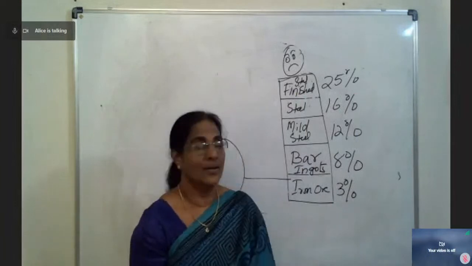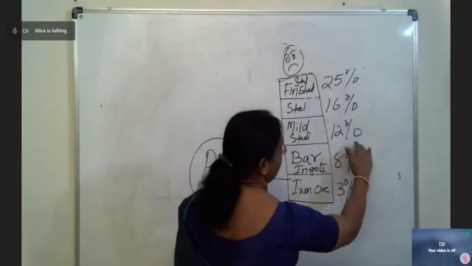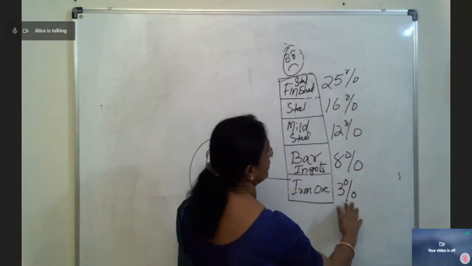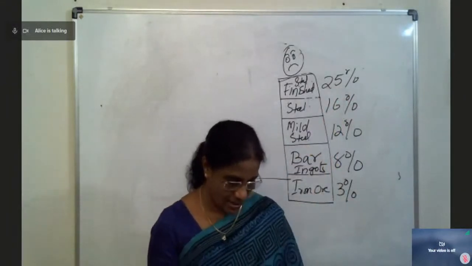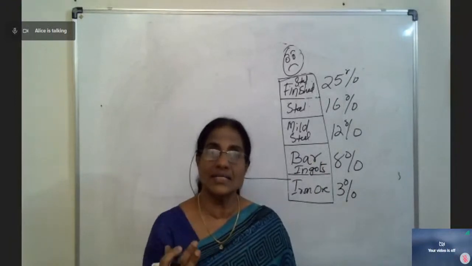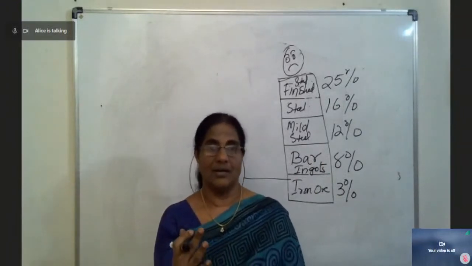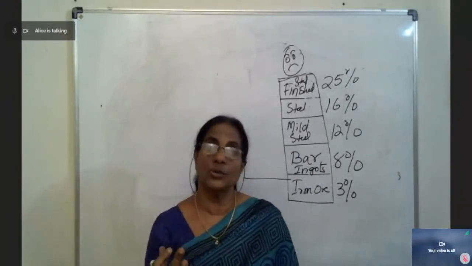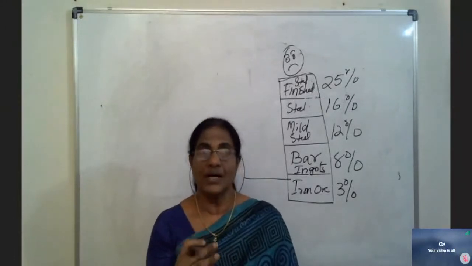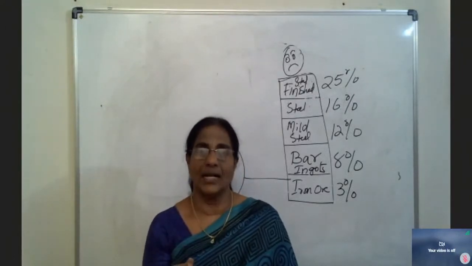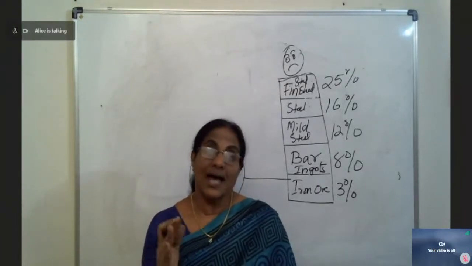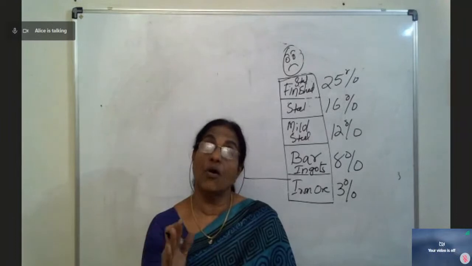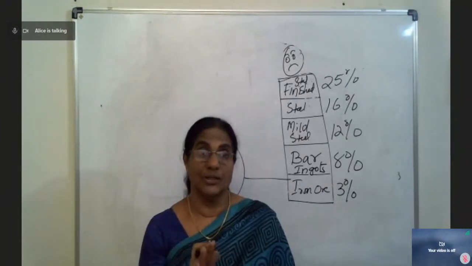Is it clear? Raw material, semi-finished goods, lower and lower. So as a commodity rises in the value chain, the tariff also increases.